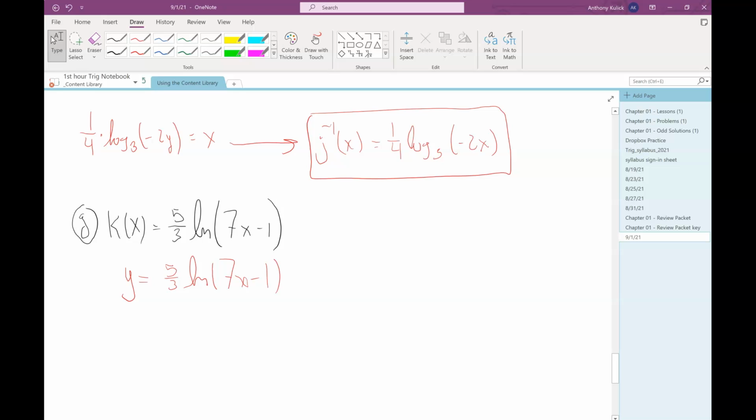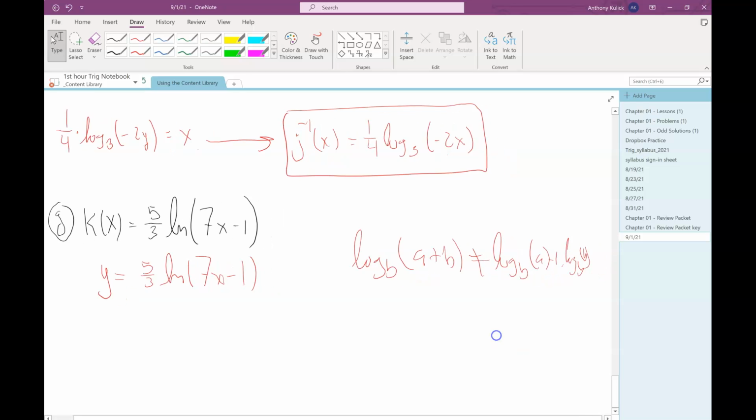Logs don't distribute, so if I have log of a plus b, that's not equal to log of a plus log of b. So that's not something we can do.